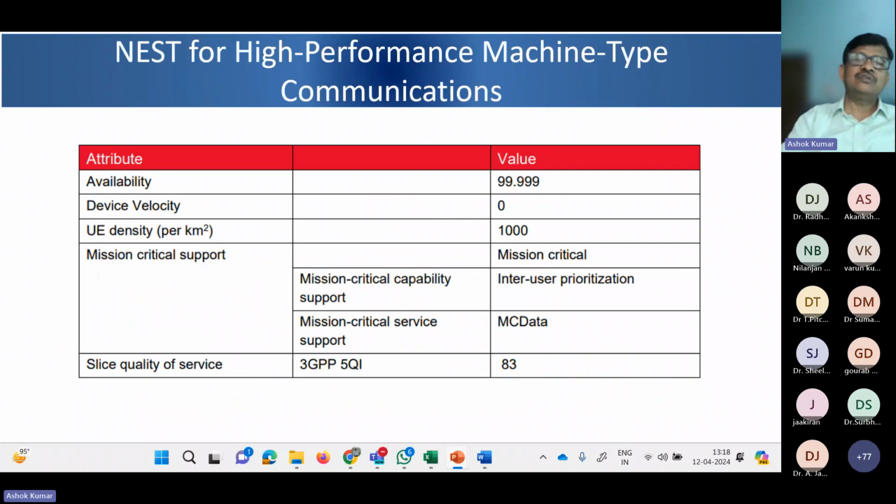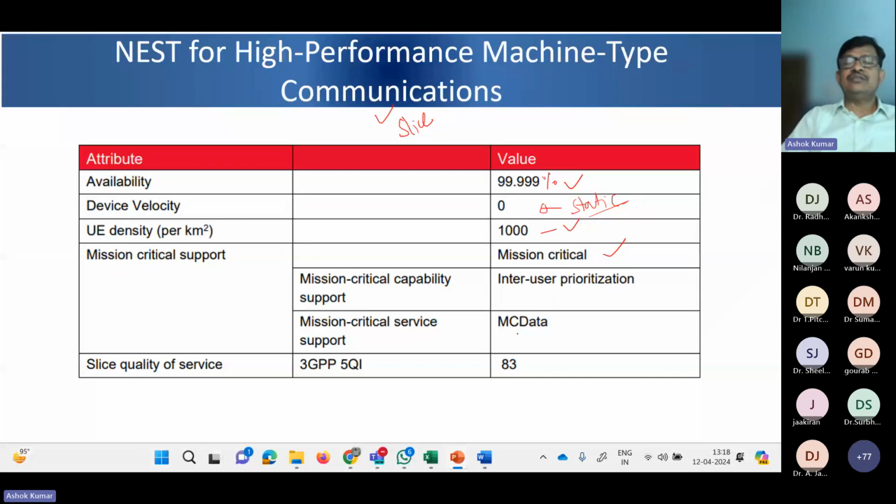I'll give you some examples. Suppose a high performance machine type communication slice is to be created. There they say KPI, okay, availability should be 99.999 percent. Then the device should be static, like smart meters are static, they are not moving. Then density can be 1,000 devices per square kilometer. It may be a mission critical service and so on.